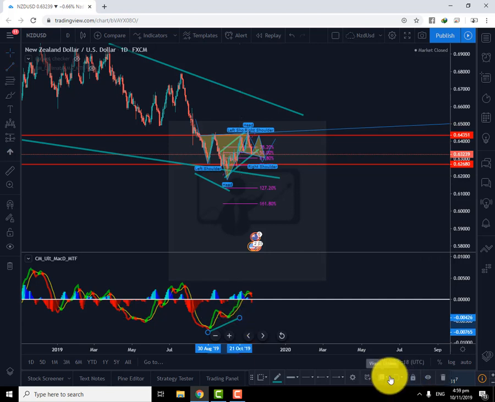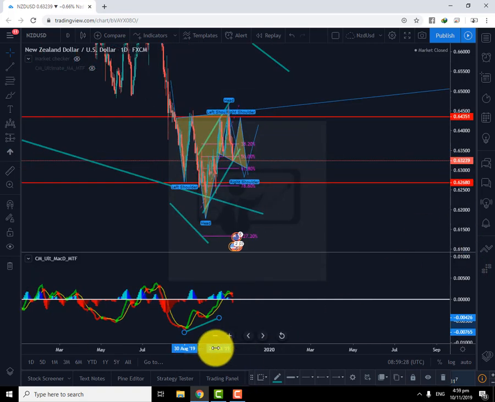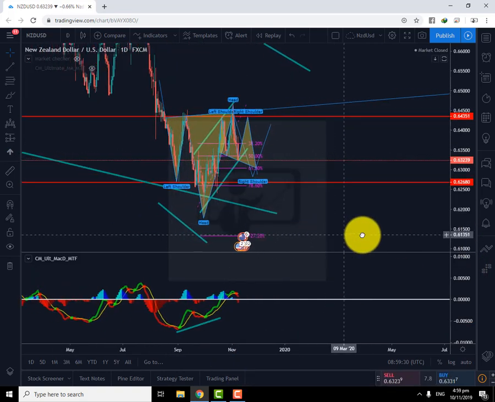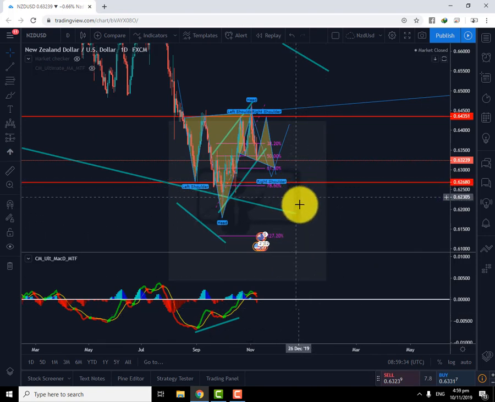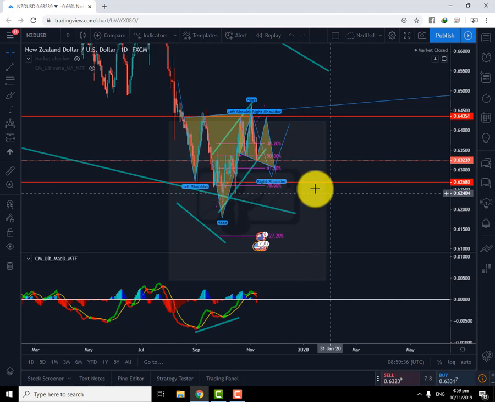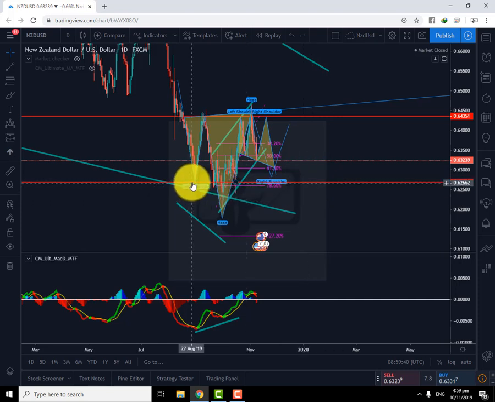If you review one of my videos about the divergent head and shoulders, the best entry is to wait for the right shoulder to form, and we have a mark on it at 0.62680, based on the support and resistance on the left shoulder.